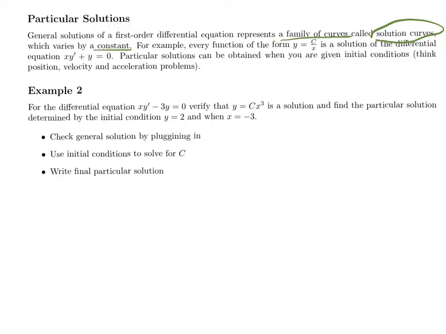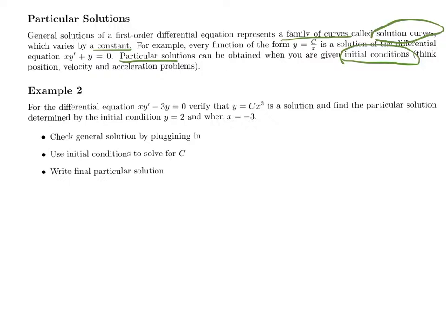They'll vary by a constant, usually just a vertical shift. If we have a function in the form y equals c over x, and it's a solution to this equation, all particular solutions could be found as long as you had some initial conditions. In the past, we've often wanted our independent variable, x or t, to be 0 for one of our conditions, and that makes things simpler.